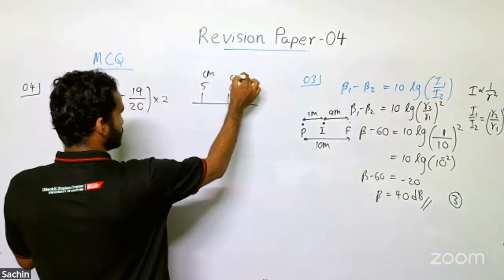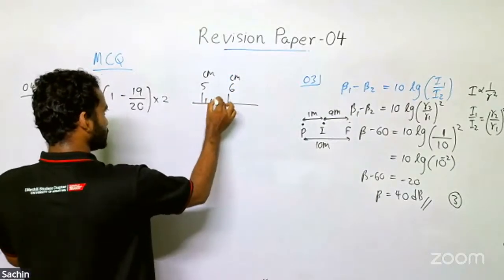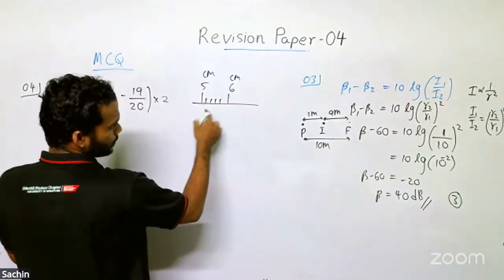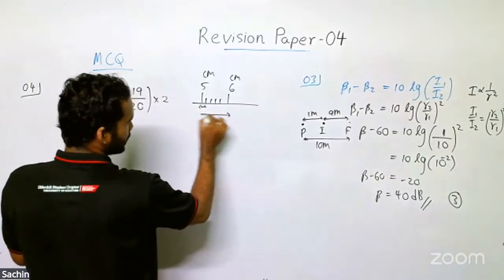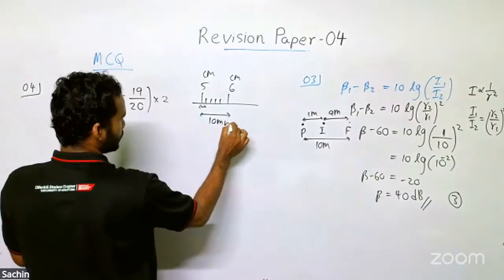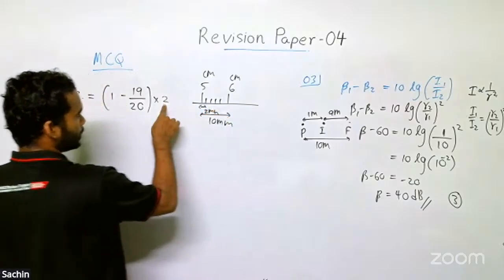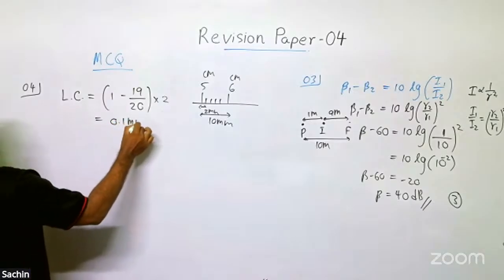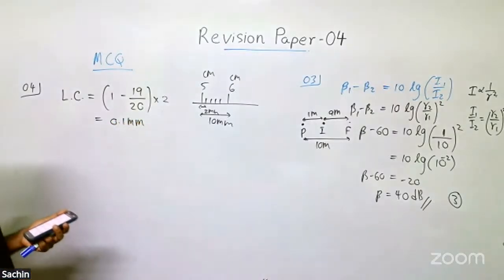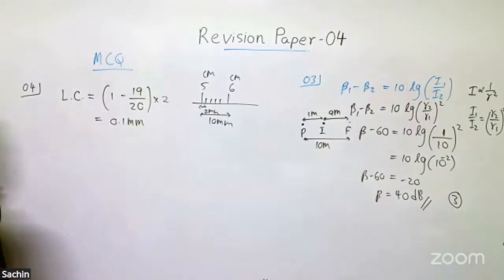These values are given in centimeters. So between 5 and 6, there are only 5 parts. So each part should be how much? Altogether this is 10 millimeter, so this should be 2 millimeter. So then you can calculate the least count to be 0.1 millimeter.